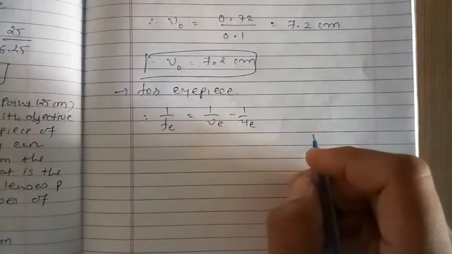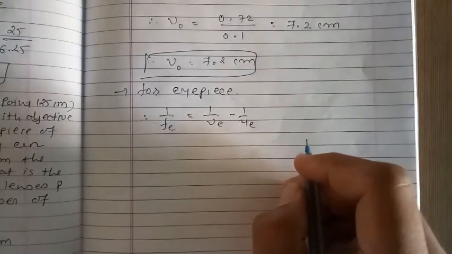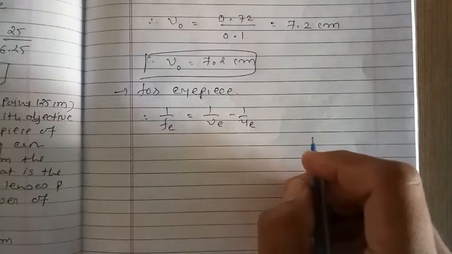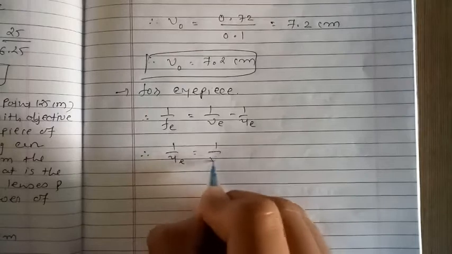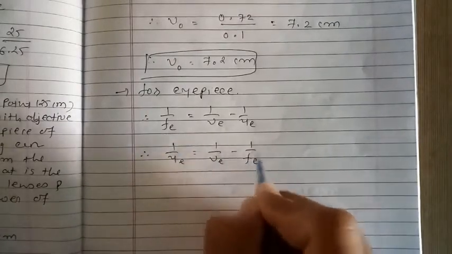We have to find the value of UE, so 1 upon UE is equal to 1 by VE minus 1 by FE.